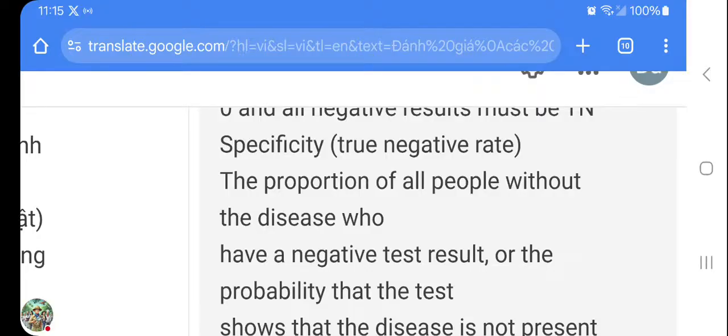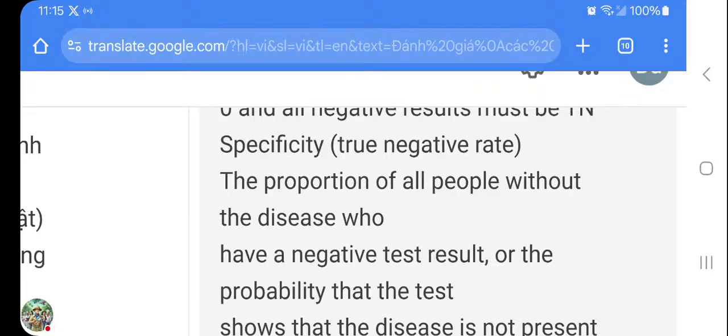You make the people so worried about something they really don't have. The test says wrong, which stands for false positive. Okay.